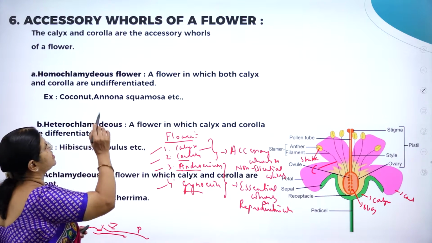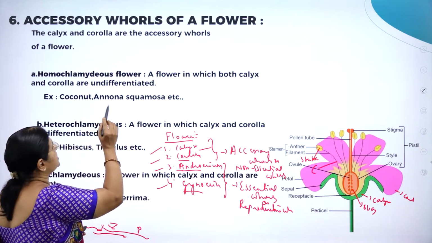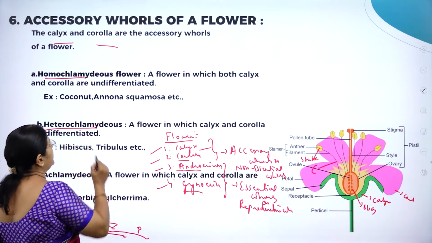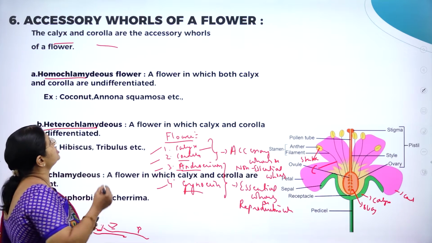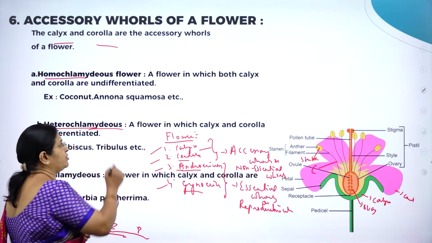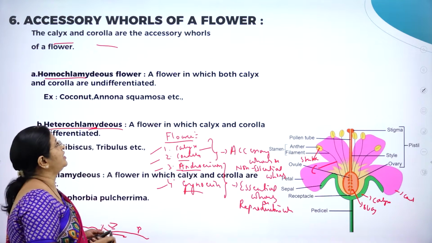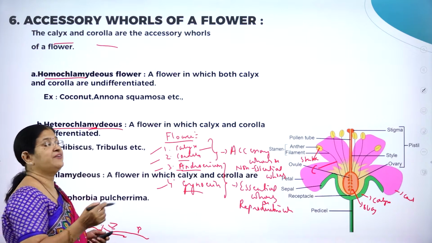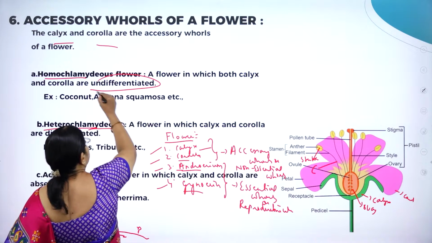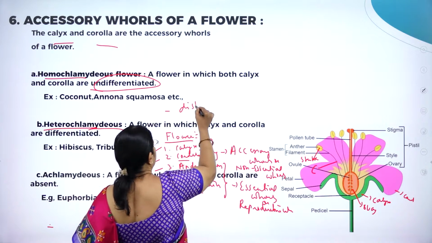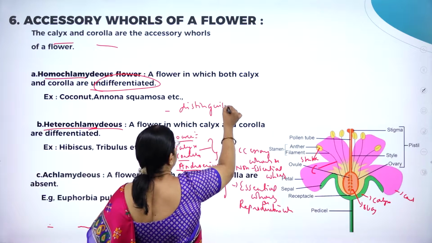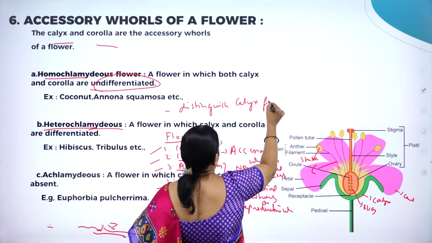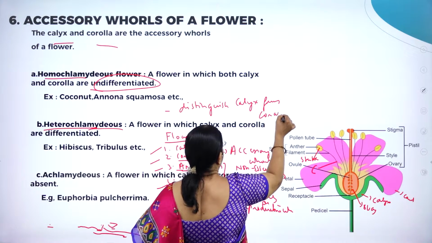So here the accessory whorls of a flower are calyx and corolla. Based on that, let us understand what is homochlamydious and what is heterochlamydious. Homo means what? Similar. So a flower in which both calyx and corolla are undifferentiated, you are not able to distinguish calyx from corolla.